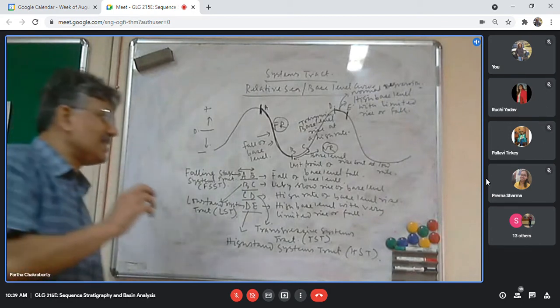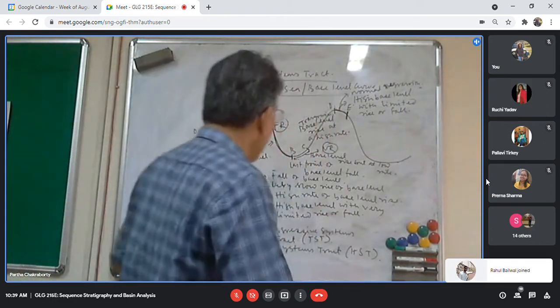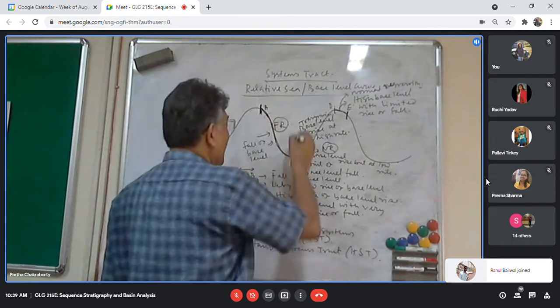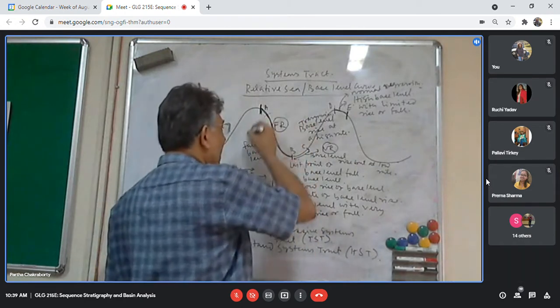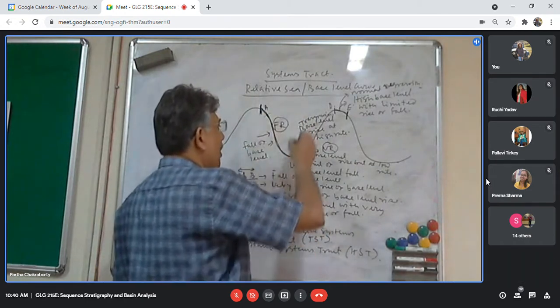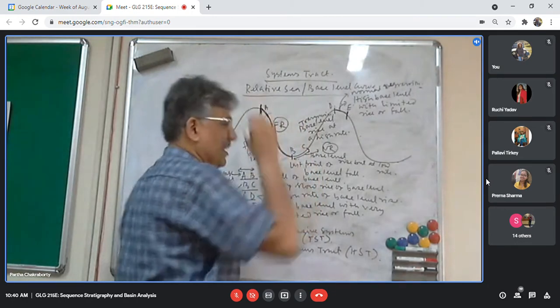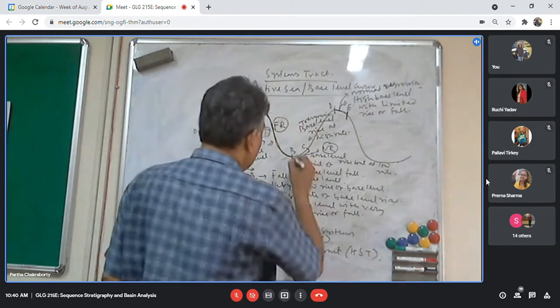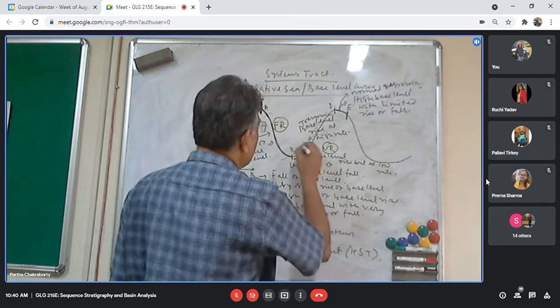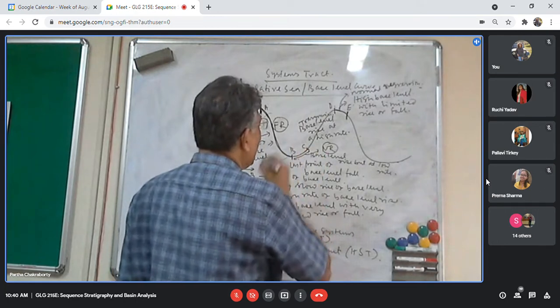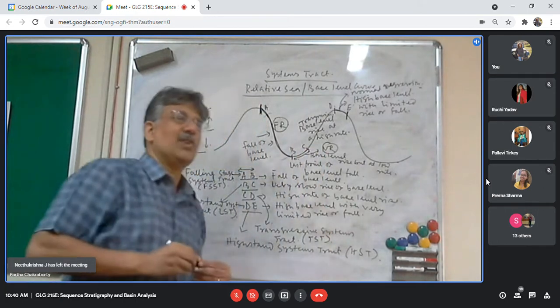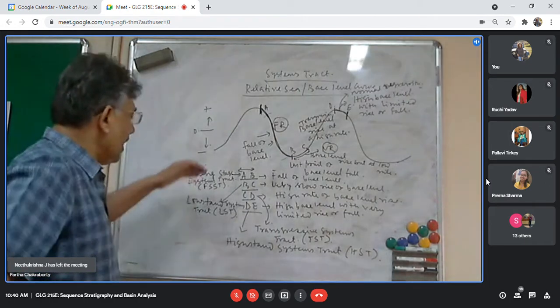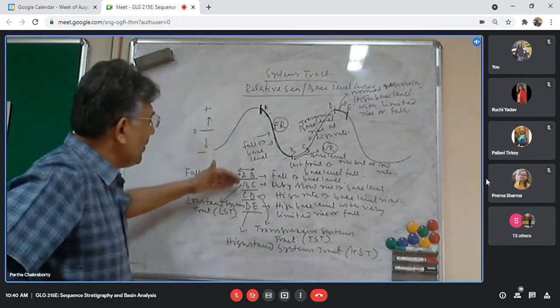So what is a system tract? Whatever the environments, whatever the depositional pattern, they are all genetically related because they all form when the base level is forming. Whatever is developing here, they are all genetically related because they are forming when the base level is slowly rising. So based on that, we subdivide this.